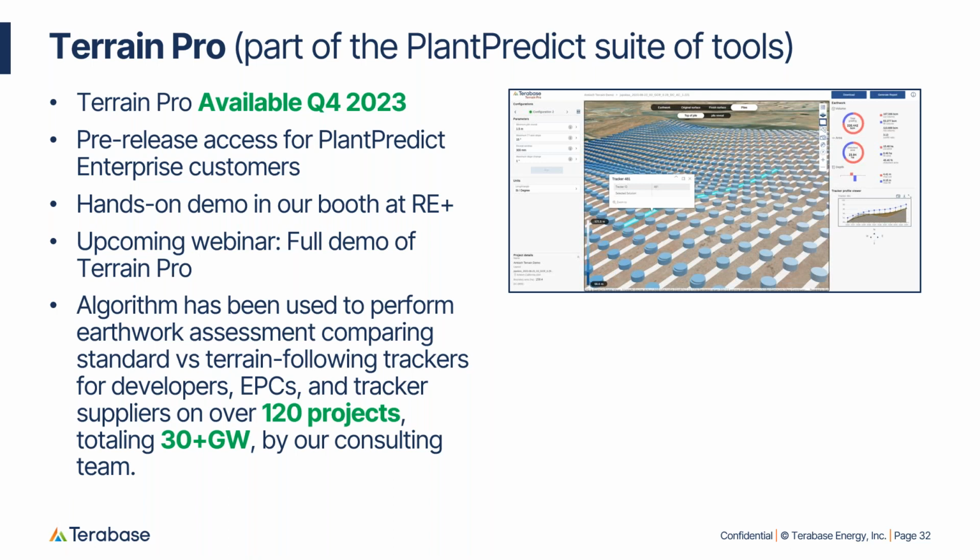Finally, we do want to reiterate that although Terrain Pro is a brand new product, the underlying algorithm has gone through significant validation on a wide variety of real-world projects. So we feel quite confident in the underlying logic behind it and are excited to be making this available to more people.